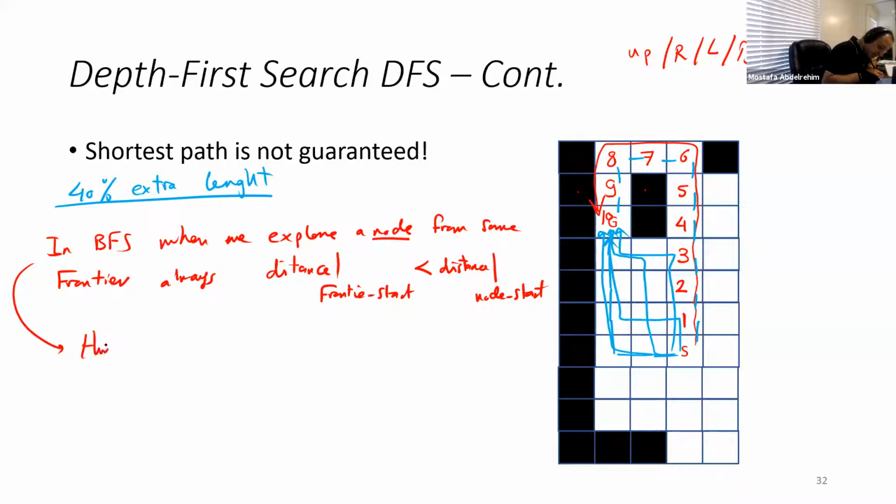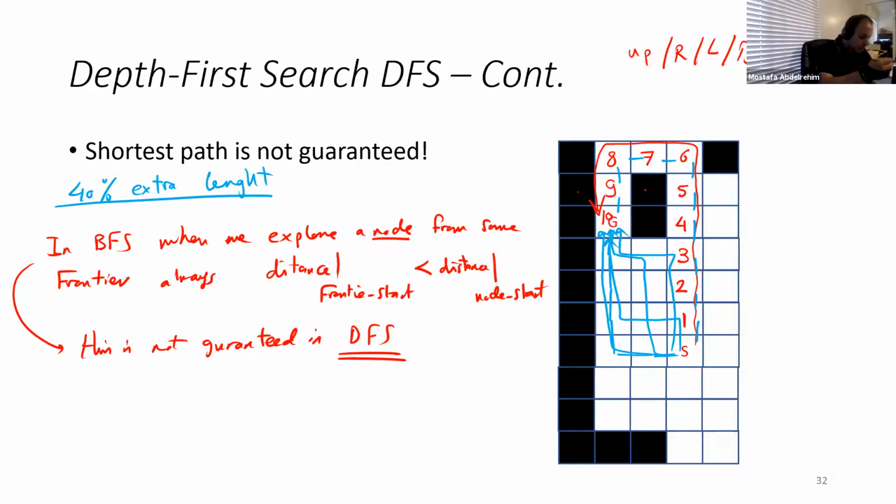And this is not guaranteed in depth first search. That's why it's not guaranteed for you here in depth first search to get the shortest path possible in a map. Let me do it with an example.